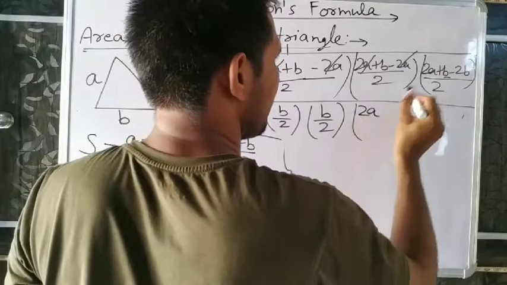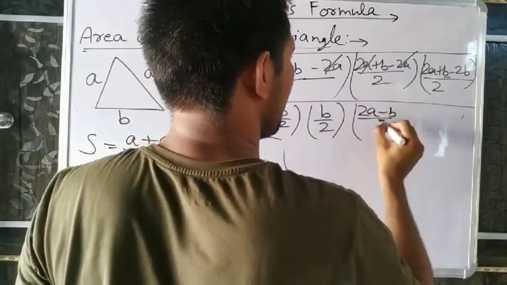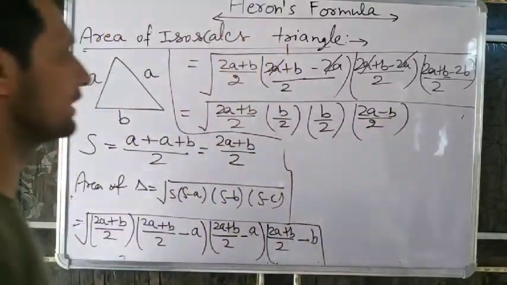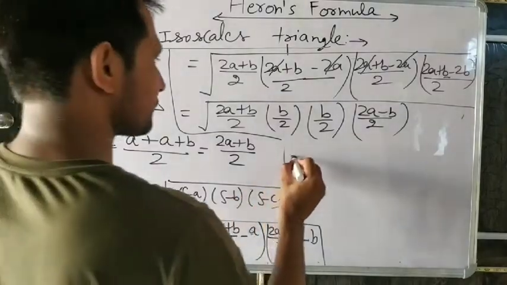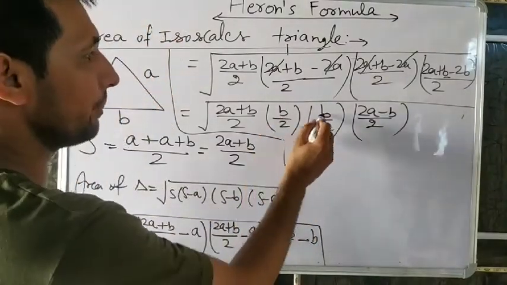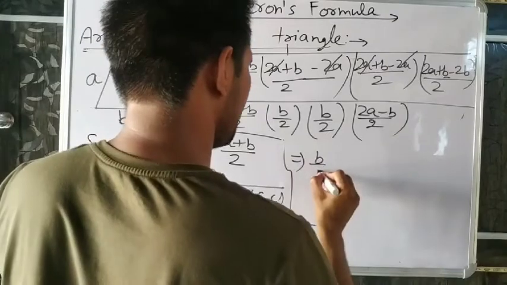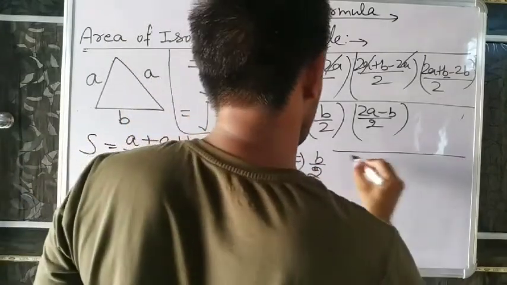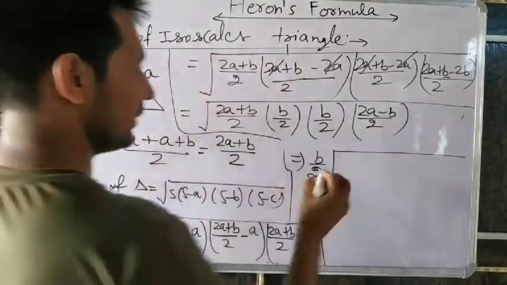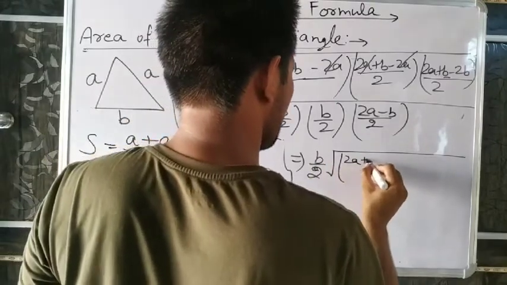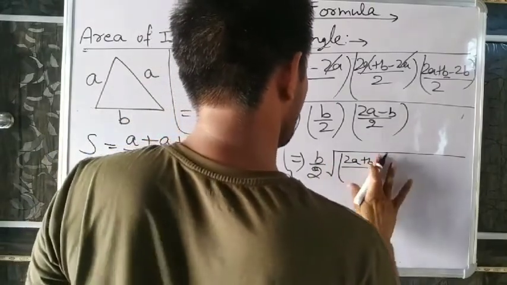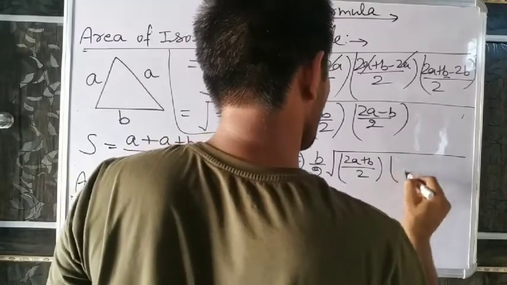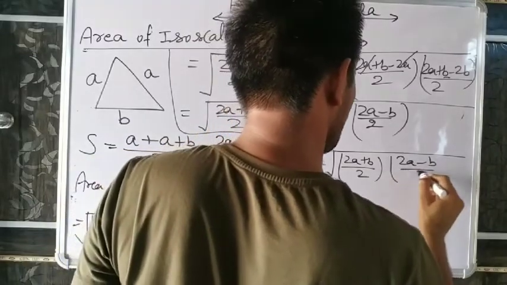So 2a minus b divided by 2. Understand? Now what remains? Pairs, b by 2 pairs come outside, b by 2. Inside the bracket 2a plus b divided by 2, 2a minus b divided by 2.